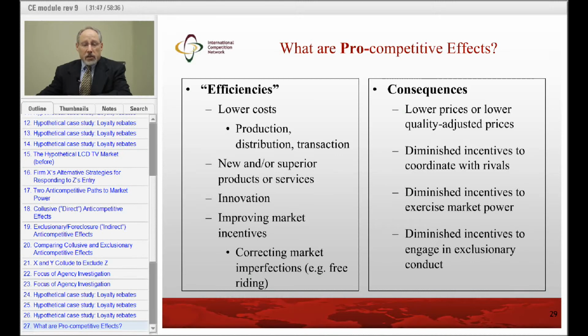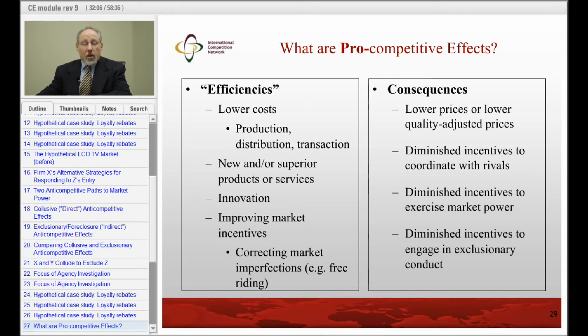Well, what would be the consequences of these kinds of pro-competitive effects? Unlike market power, which creates the incentive to raise price, the consequences here might be to create incentives to lower price and to compete more aggressively. Lower price might also mean lower quality adjusted prices.